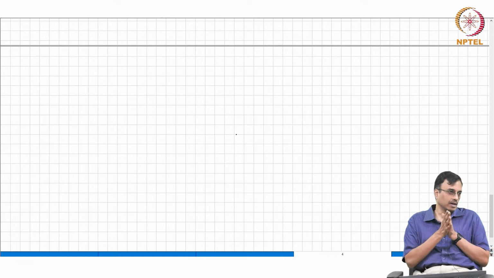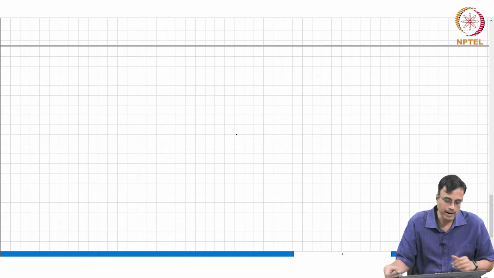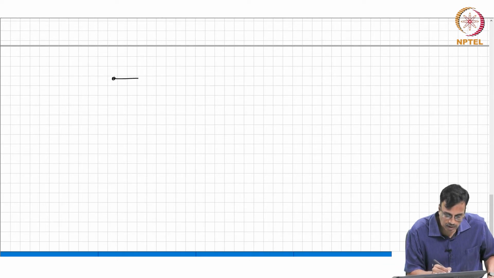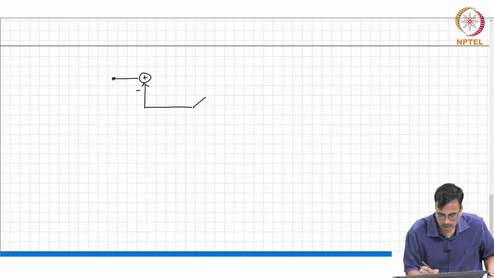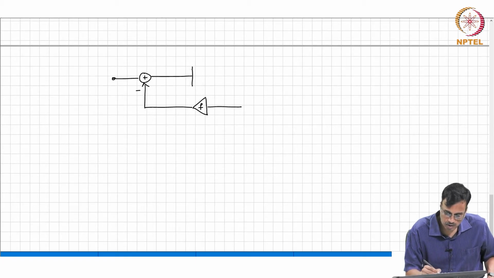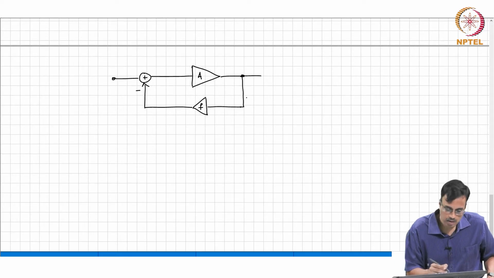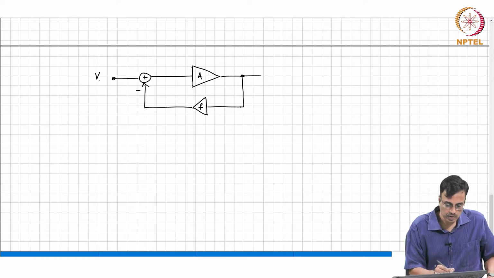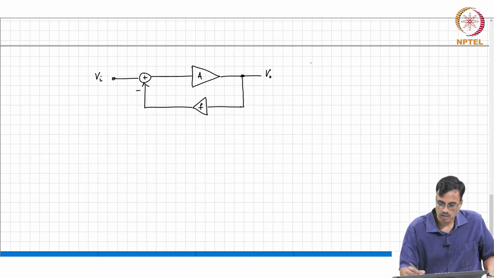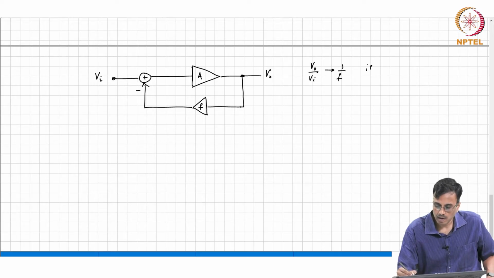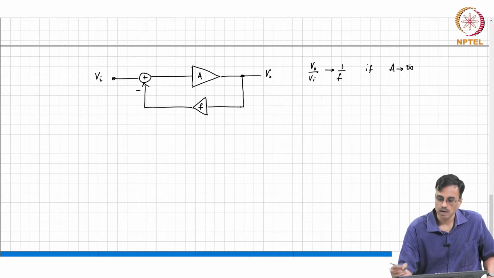And the ideal thing would be, of course, if we go back to our negative feedback block diagram. So, we have some input and we have some output which we feed back, and we said that the closed loop VO by VI will tend to 1 over F if A tends to infinity, correct.